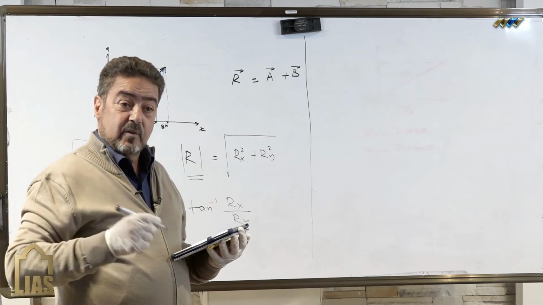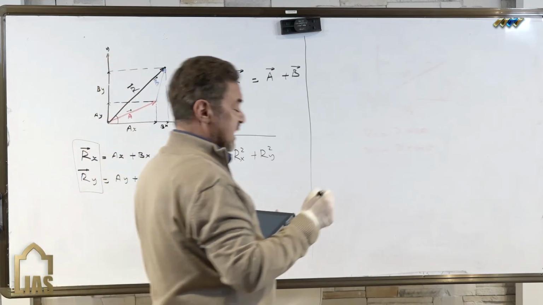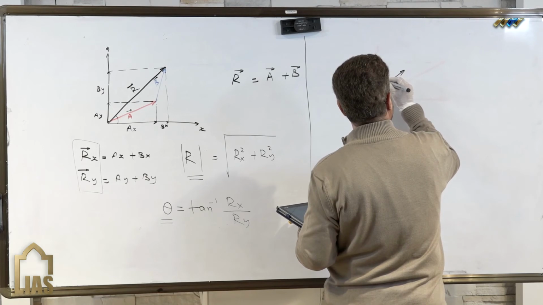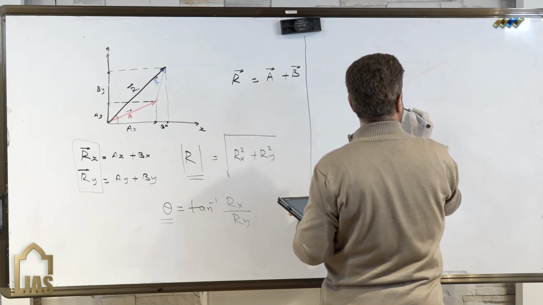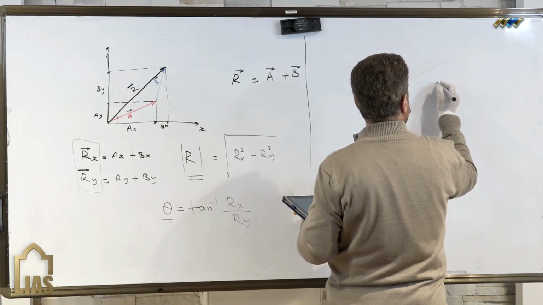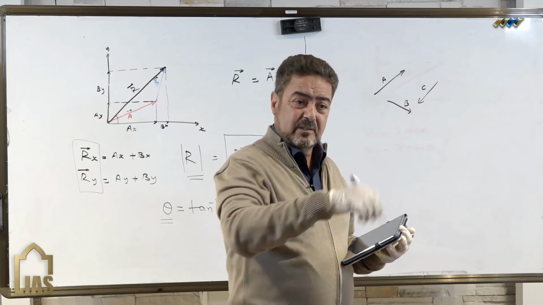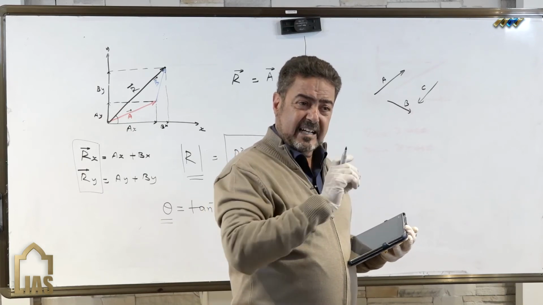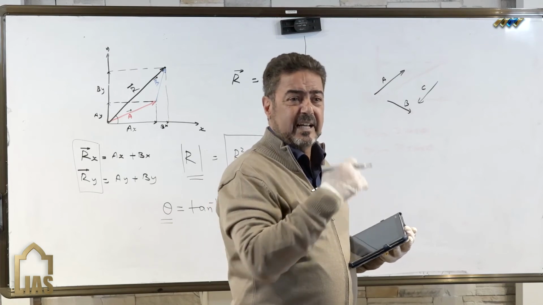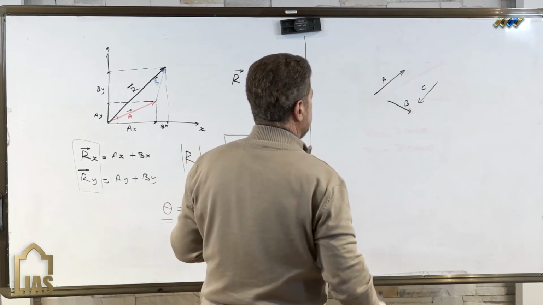If we have, for example, many vectors like that, one vector A, one vector B, one vector C, I want to make a graphical representation such that we can add and subtract these vectors.